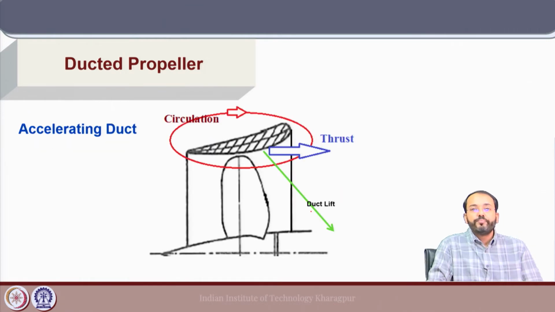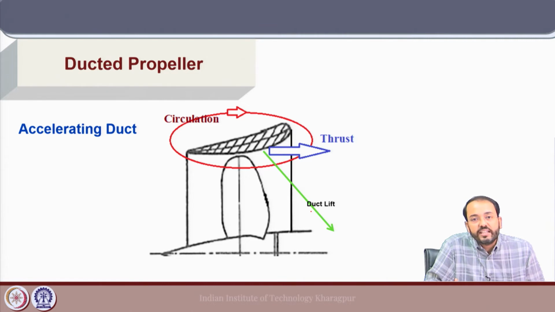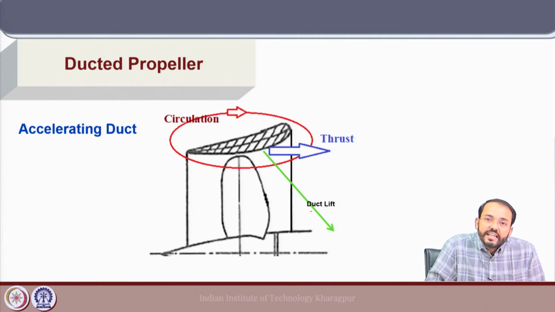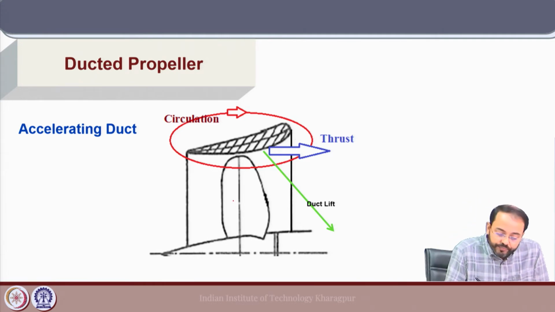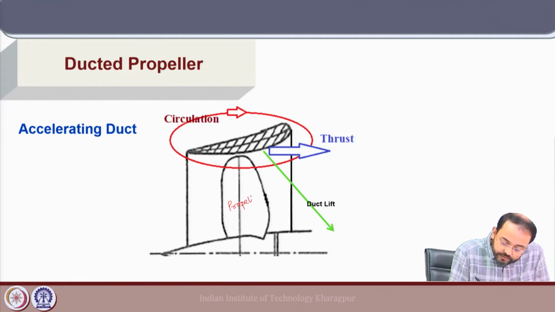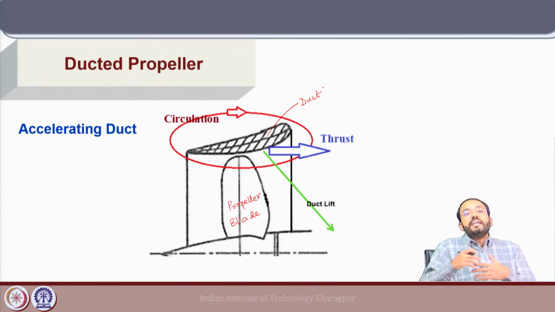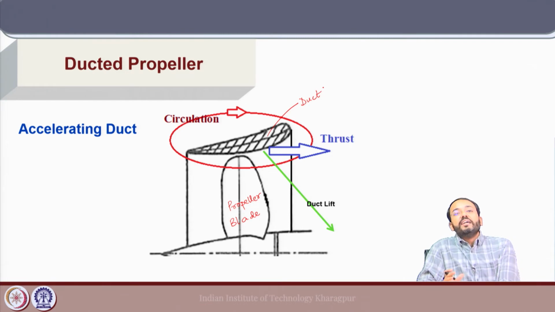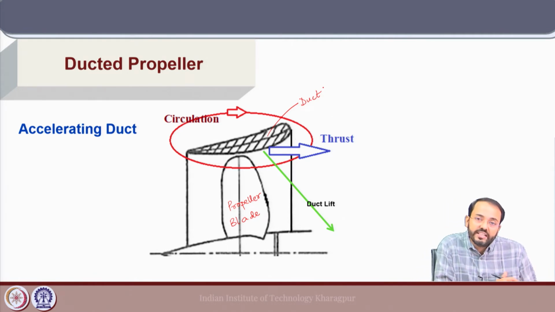Here an accelerating duct is shown around a propeller, and a section of the duct is shown which generates a force based on the circulation around the duct section. So, we have the propeller blade here, and this is the duct, and based on the duct profile it guides whether the duct will accelerate the flow into the propeller or whether it will decelerate the flow, which is the other case for a decelerating duct.